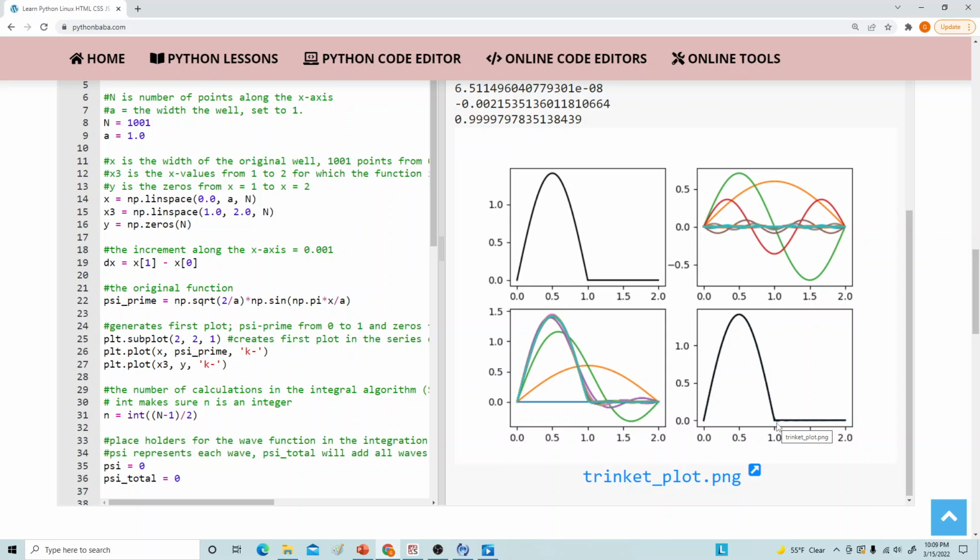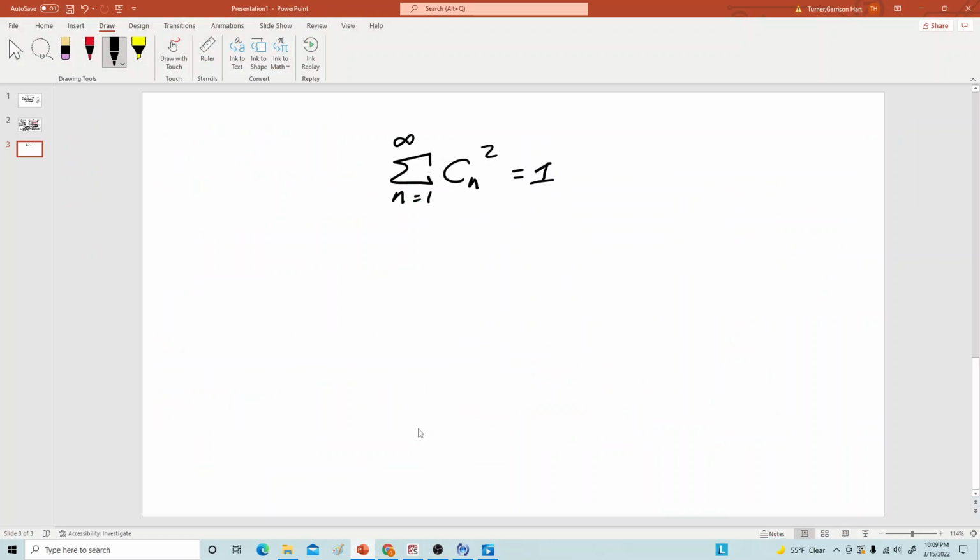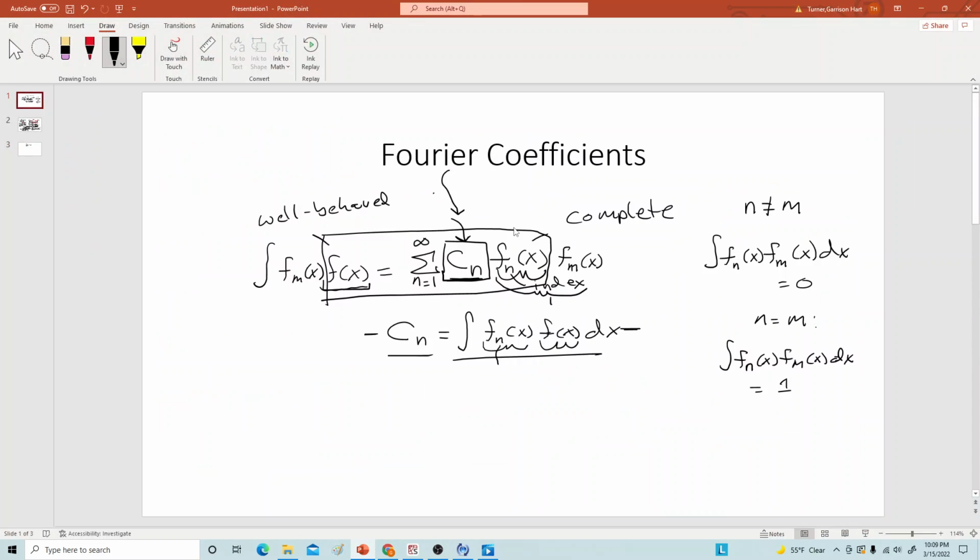Okay. Now, I understand that this is a bit of a higher level than the computing that I have done before in the videos, but hopefully the meat of what is going on is understandable, right? You can use this technique as long as you have a complete set, these functions right here.